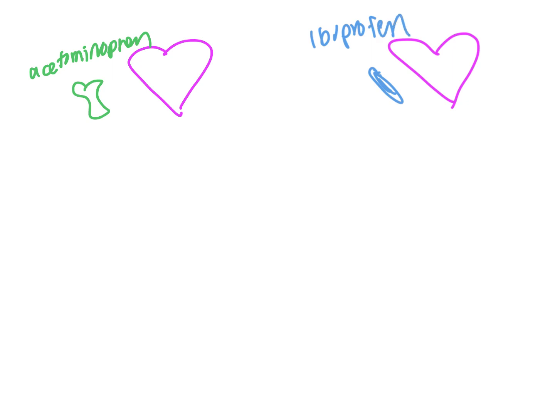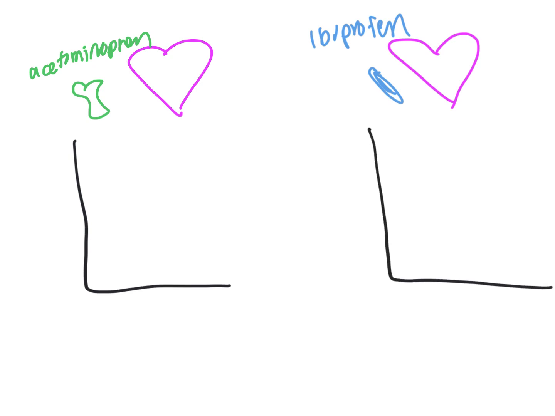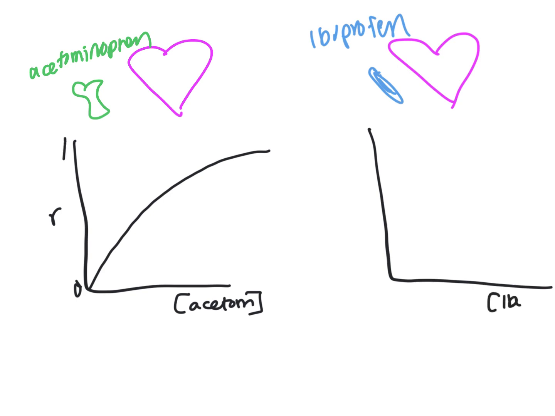Okay. So I find that, experimentally, I can measure the affinity of acetaminophen with serum albumin. And let's say I get a graph that's a little bit like this. Again, this is R 0 to 1. And then I also have my ibuprofen, 0 to 1.